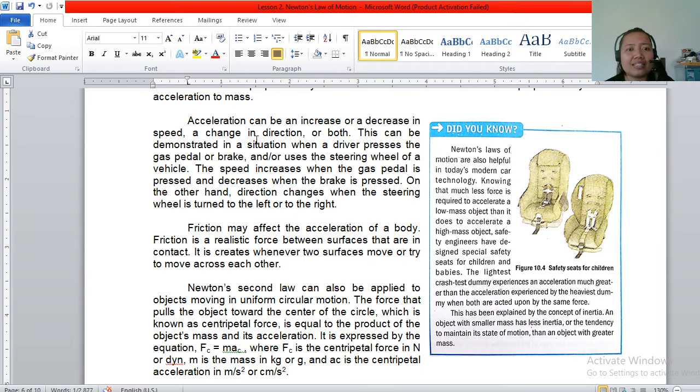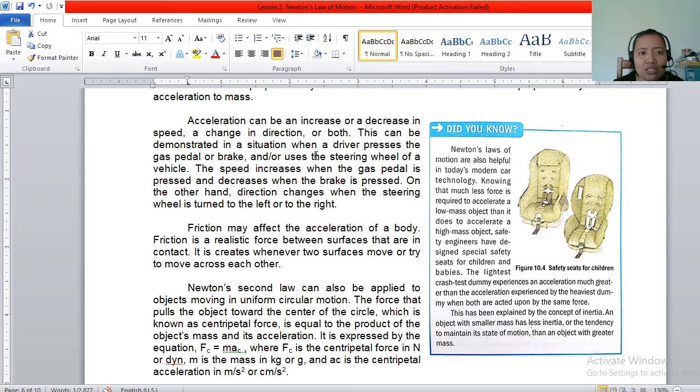Acceleration can be an increase or decrease in speed, a change in direction, or both. So the speed can increase, we accelerate, or decrease, we decelerate, but that is still acceleration, in deceleration form, and change in direction or both.